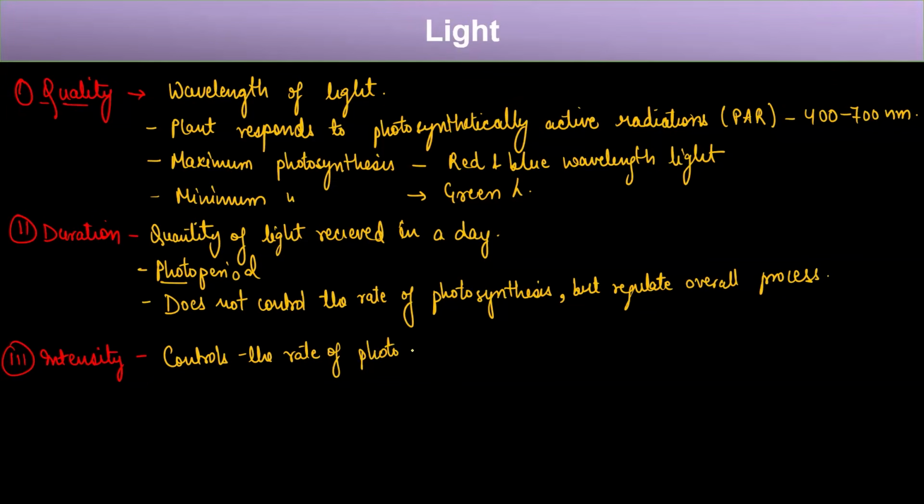What intensity of light the plant is receiving will ultimately decide at what speed the photosynthesis will take place. So these two decide the amount of photosynthesis, and intensity decides the rate of photosynthesis.